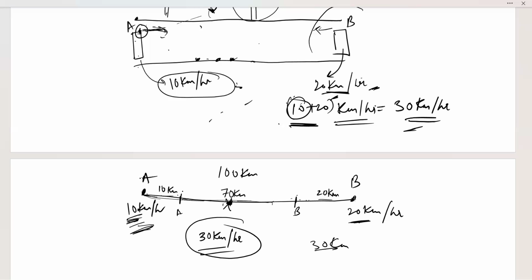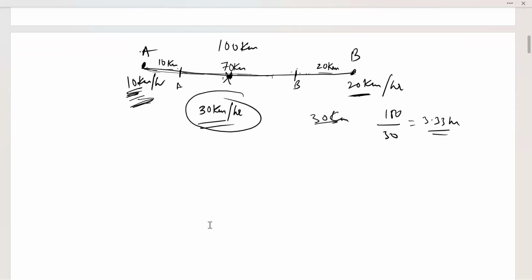So in how much time will they together paint 100 kilometers? That will be 100 by 30, just 3.33 hours. I hope this makes sense. So what we learned from this is that when two objects are moving towards each other, like A and B, the relative speed is the summation of the individual speeds.